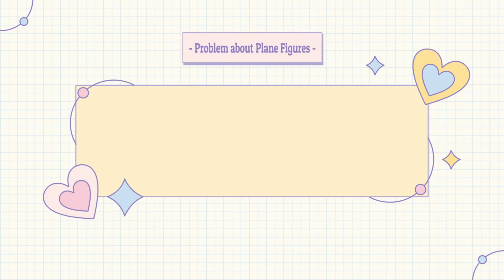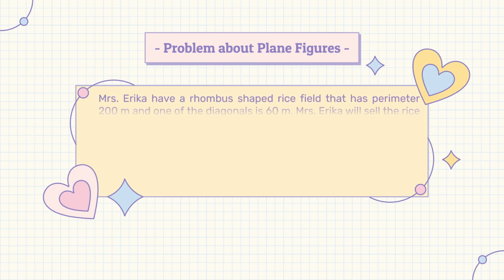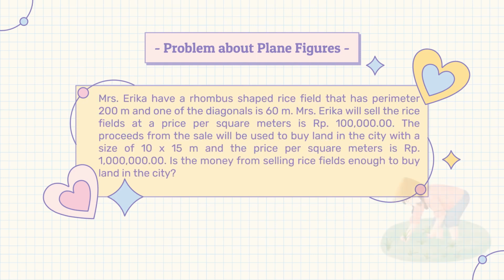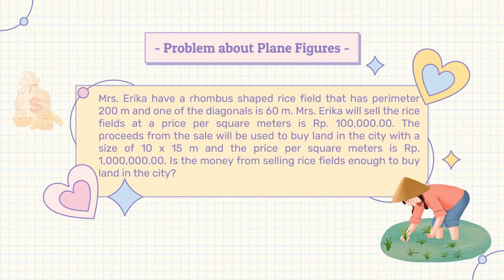Okay, because we have already reviewed the material, now I have a problem about plane figures. Mrs. Erika has a rhombus-shaped rice field that has a perimeter of 200 meters, and one of the diagonals is 60 meters. Mrs. Erika will sell the rice field at a price per square meter of 100,000 rupiah.